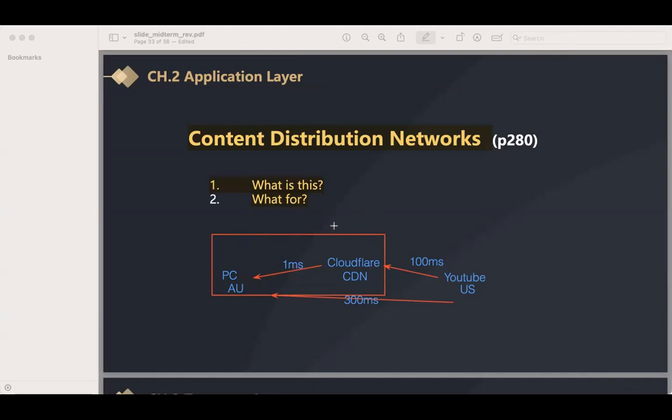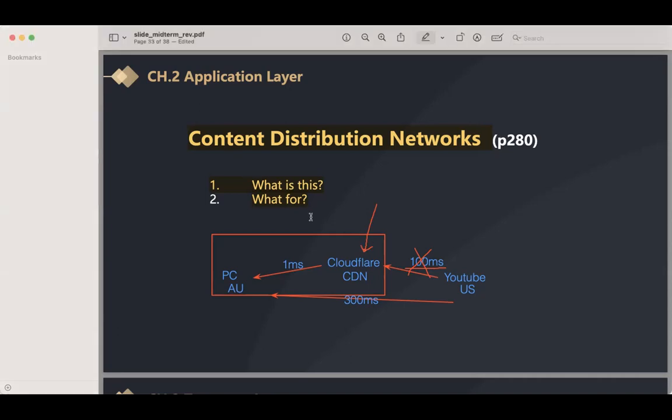So that's how the CDN works. And we don't need to have this part, so you will not feel the 100 milliseconds here, because the content is already in the CDN server. And if we don't have the content in the CDN server, then we will go through this path and you will have extra delay on this part.